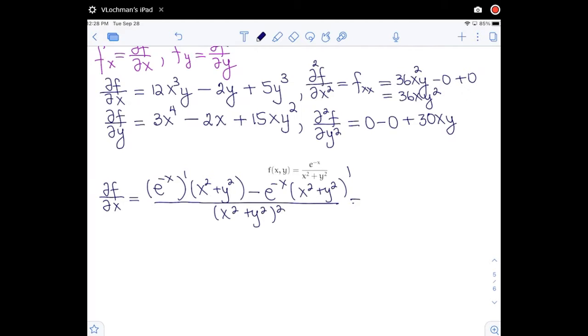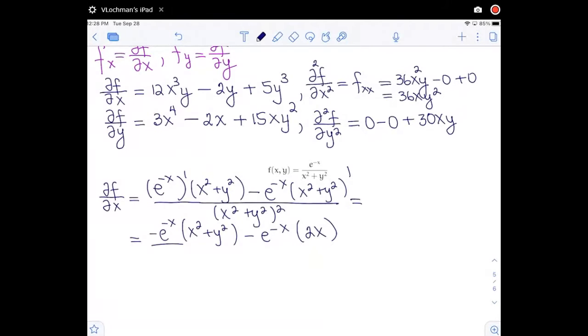This would be negative e to the negative x times this expression, minus e to the negative x times, with respect to x, this expression becomes 2x. The derivative of y squared is 0, since that's a constant.